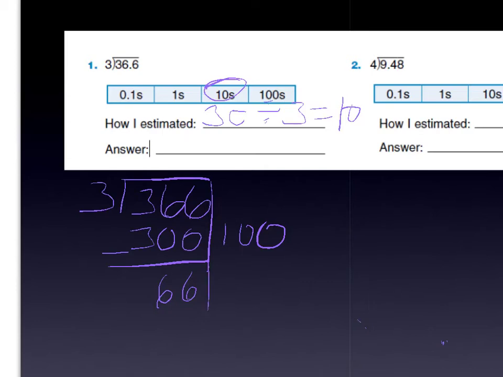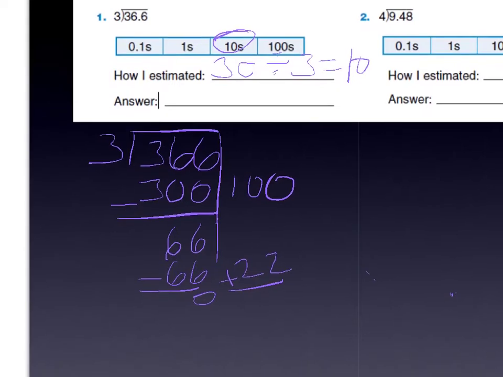Well, I know that 3 goes into 6 twice, so 3 goes into 66 22 times. Subtract, I get 0. So I add these together, and I get 122, but remember that my answer needs to be in the tens place, correct? Tens place. So my answer needs to be 12.2. Okay?